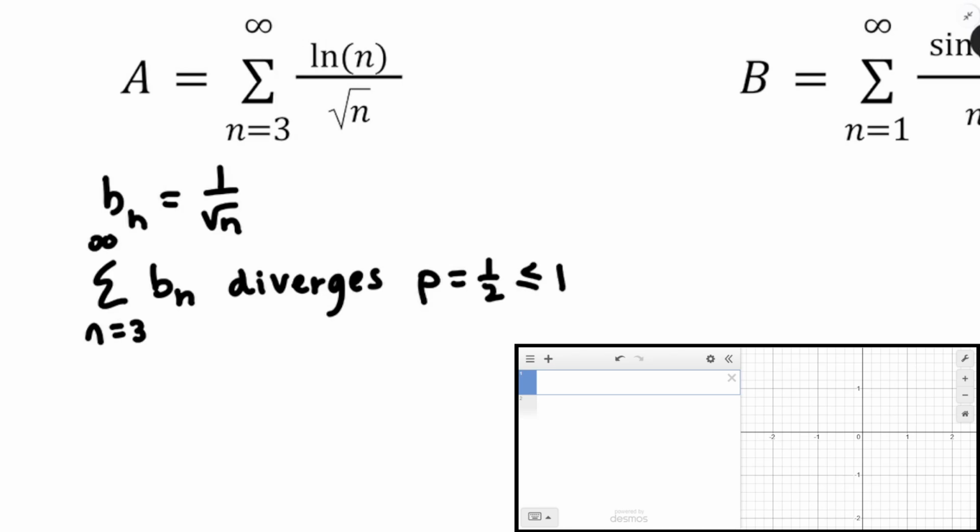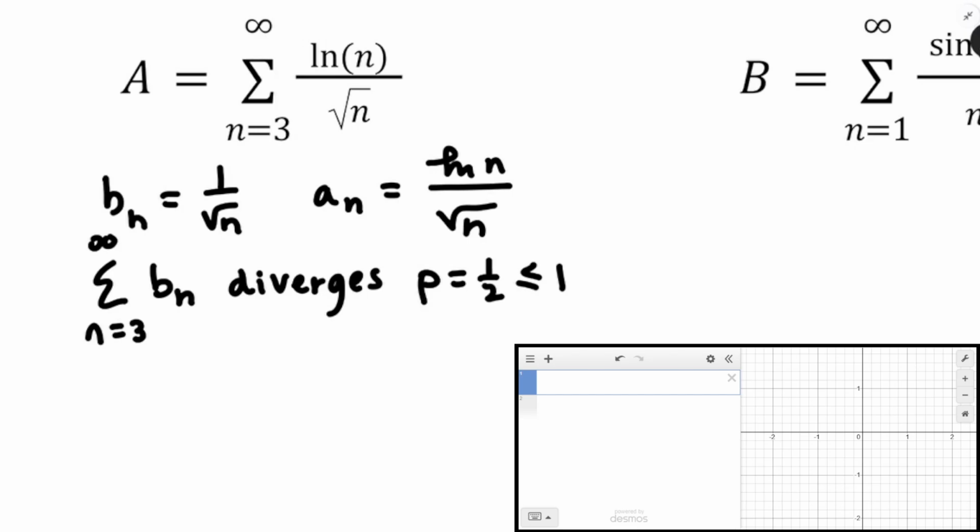Okay. I'm going to say if an equals log n over square root n. Yeah, and that's why n starts at 3. Okay, because we need log n to be bigger than 1. Okay, and log of e is equal to 1, so n equals 3 is the first integer after e that we can get the log of n greater than 1.